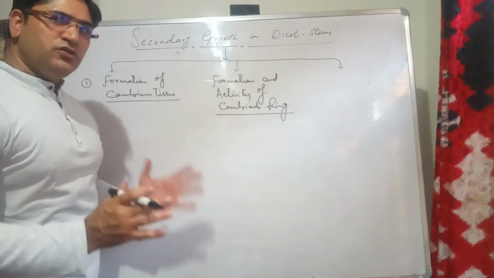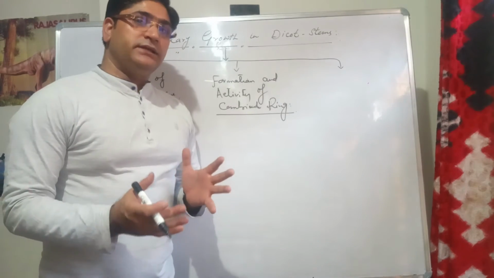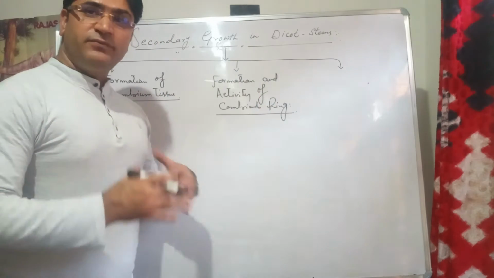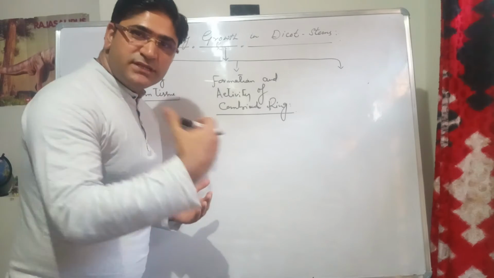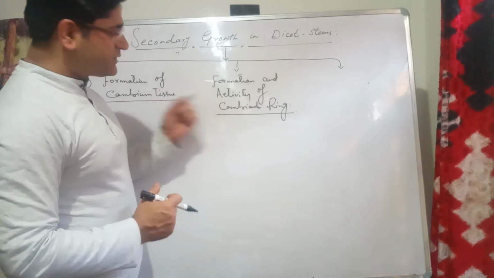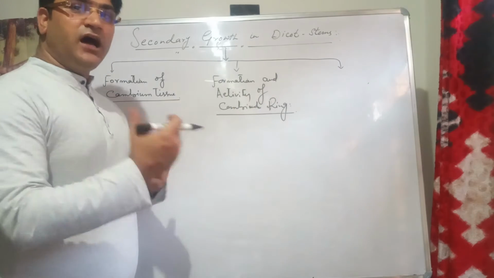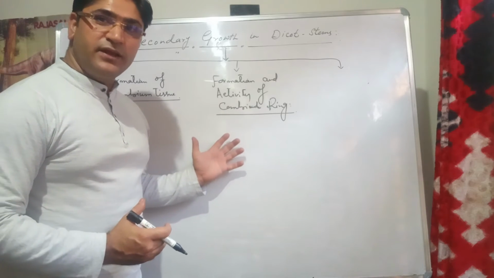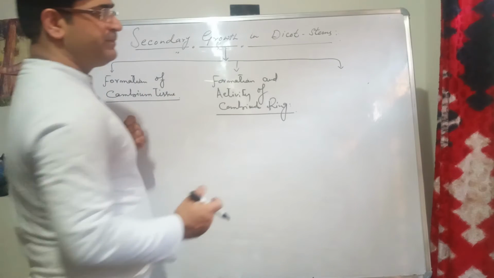Once the cambium tissue is formed, it forms in the shape of a ring. When the cambium becomes mature, it takes the form of a ring, which is called the cambial ring. How that ring develops, and what the activity and function of that ring is to bring about secondary growth, is the second step.